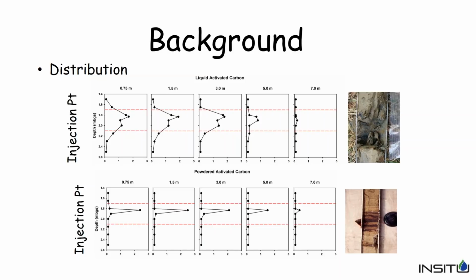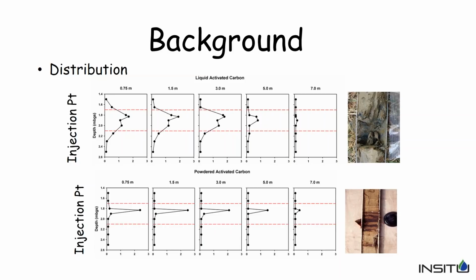We did detailed vertical analysis of activated carbon within the soil. You can see that the powdered activated carbon was very focused, basically at one level, about 1.9 meters below ground in the bottom graphs, and we saw it about 7 meters away from the point of injection. The colloidal was more dispersed over the 1.7 to about 2.1 meters, and we also detected it out to about 7 meters.